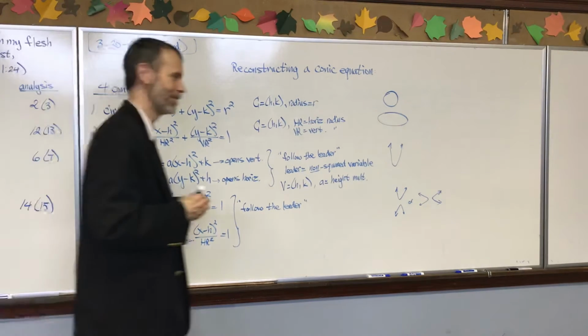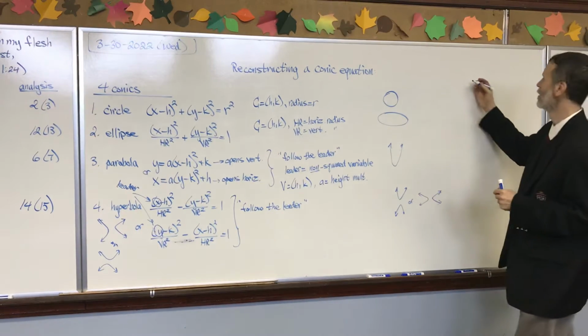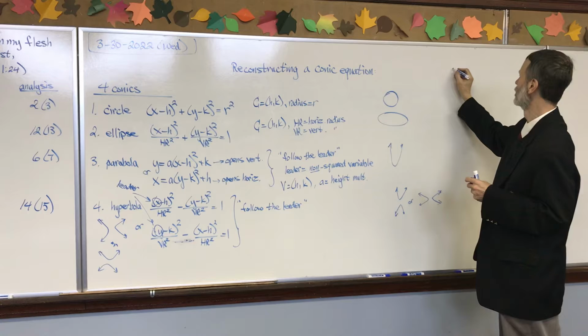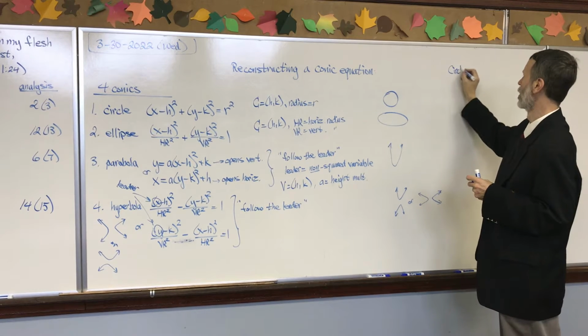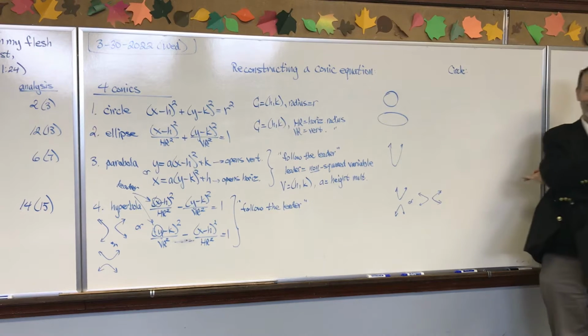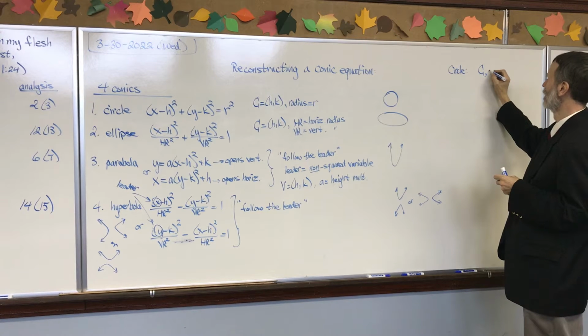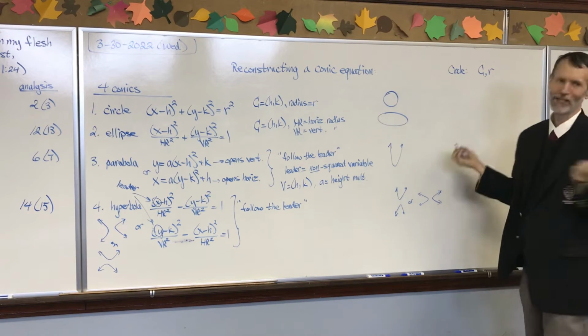But for now it's 14. Let's see if we can list them. For a circle, what parts? Center and radius, and that's it.